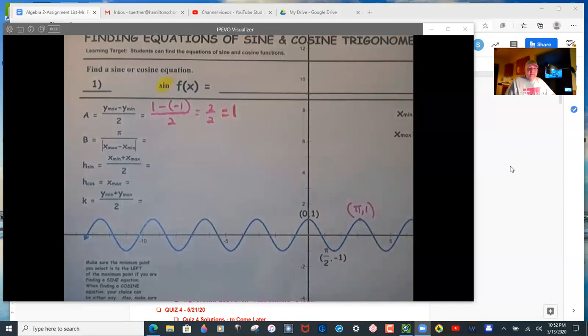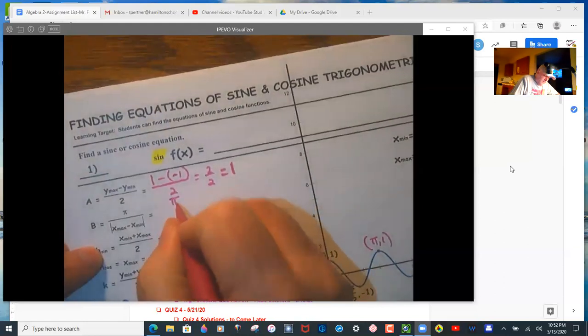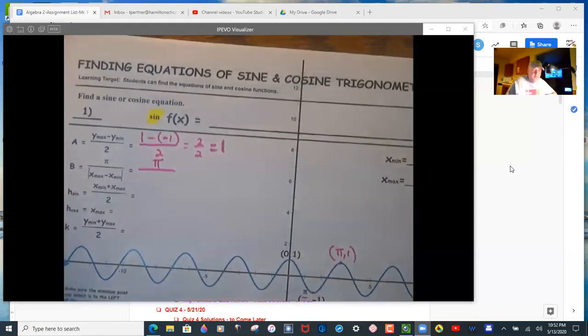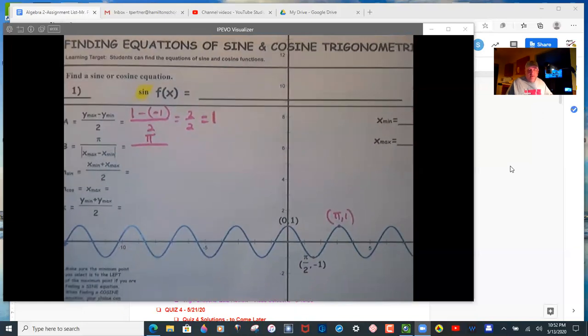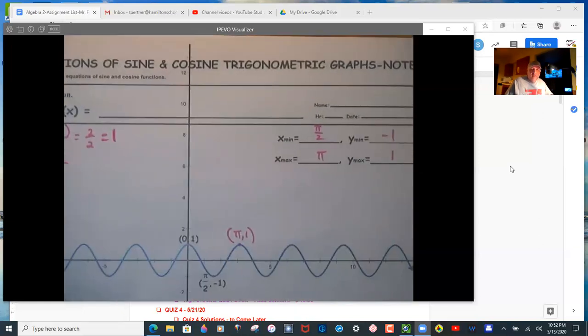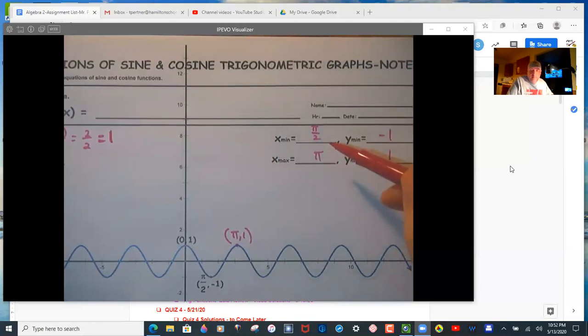Okay, B, and this is the hardest part of this to calculate because it involves having to deal with the pi constant and then trying to treat it like a variable. So x max minus x min. So pi minus pi over 2. 1 minus 1/2 is 1/2. Just do the fraction part. And to save time in this video, I'm not going to get on my calculator and show that.